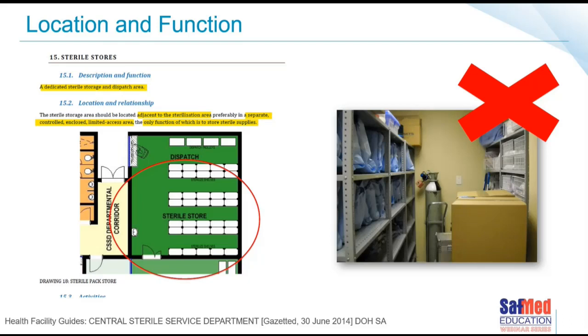We also need to think about the fact that, okay, it says over here that the sterile store area needs to be next to or close to the sterilization area. And sometimes the design of the facility is not as such, or you might have an old building or a structural wall that can't be moved or can't be changed. And we need then the architects to think laterally, but to think within the basics of correct principles.